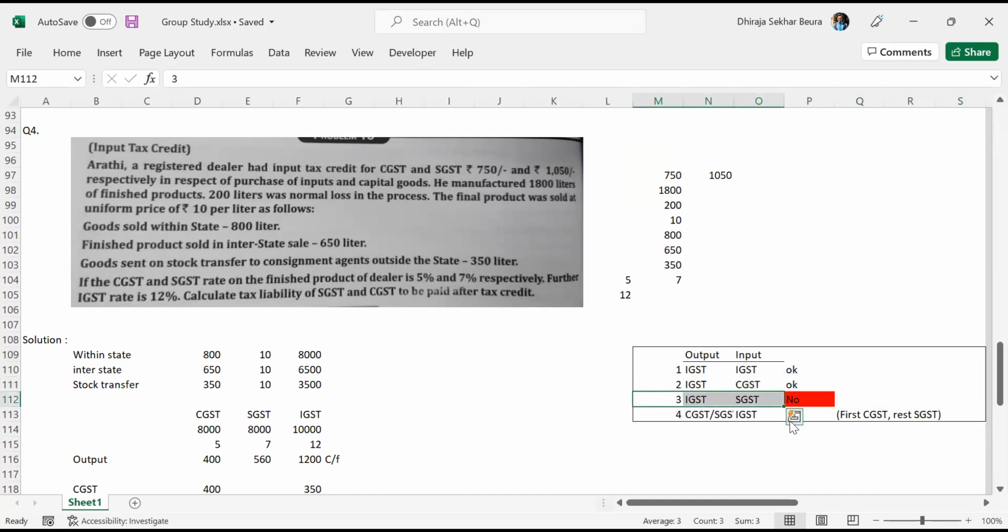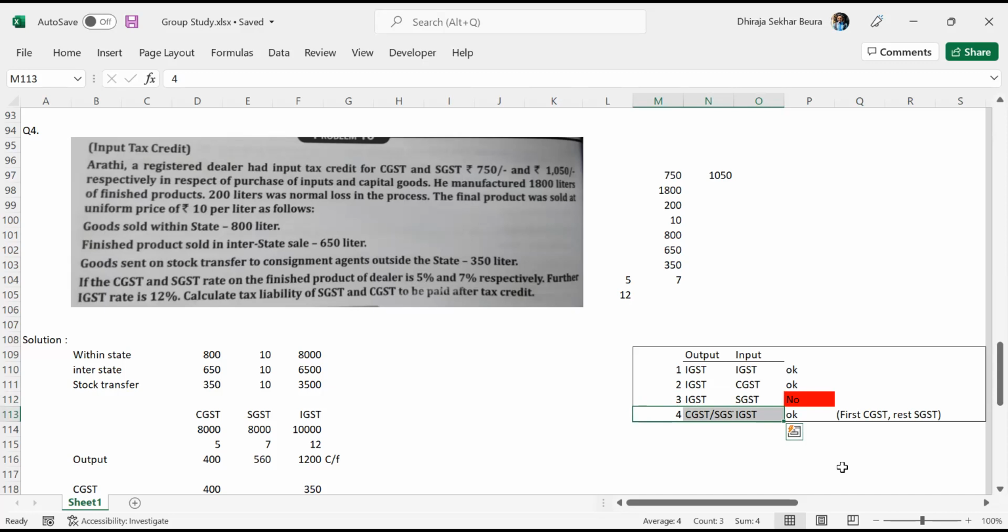However, when we have output liability of IGST, but input credit of SGST, we cannot adjust it. Now, the fourth one is when we have output liability of CGST or SGST and input credit is IGST, it can be adjusted. The only rule is first we adjust CGST, and if a balance is left, then only SGST.